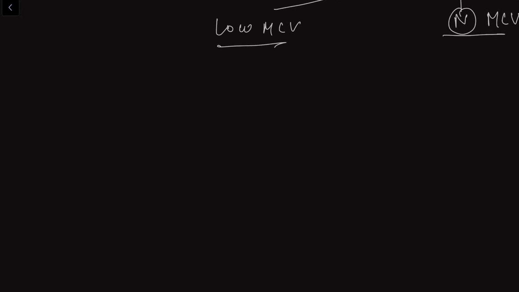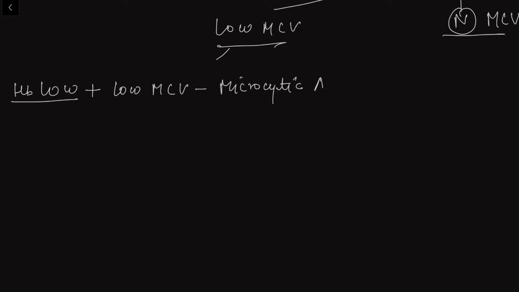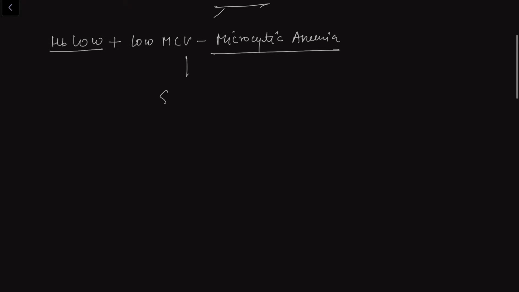If anyone has low hemoglobin plus low MCV, it means microcytic anemia. The patient has microcytic anemia. Then check serum ferritin.